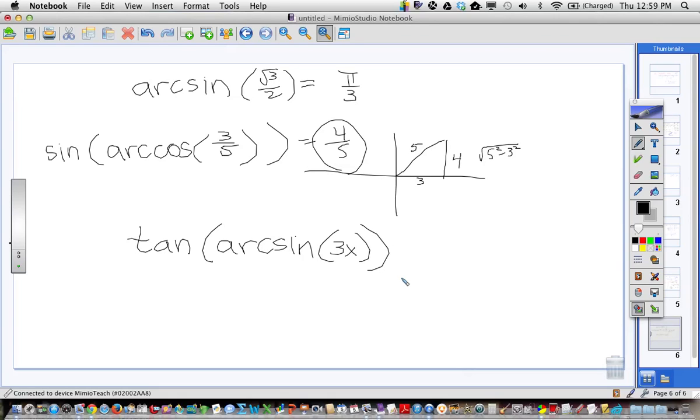Let's see what you get here. Sine of the arc cosine of 3/5. See if it gives you 4/5. Gives you 4/5. Okay. But I want you to be able to do this as a triangle.